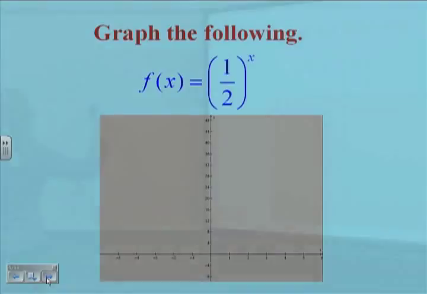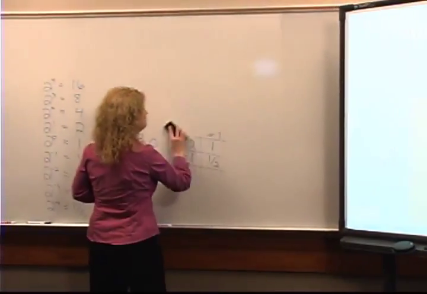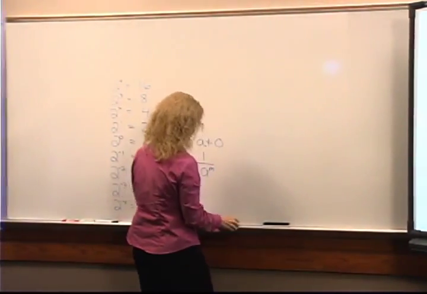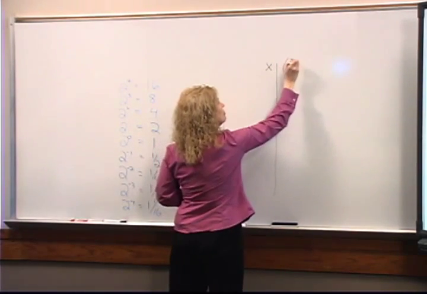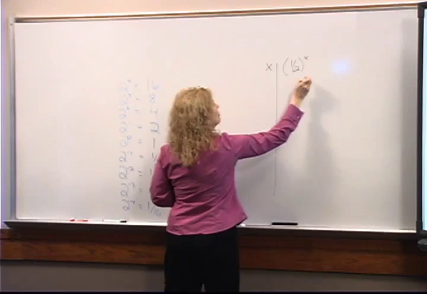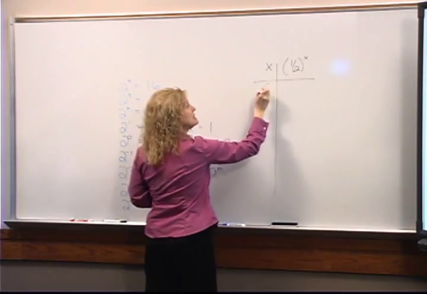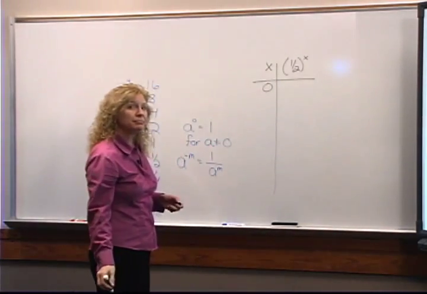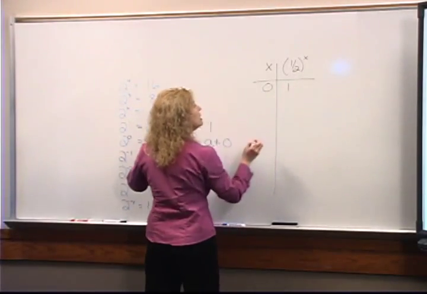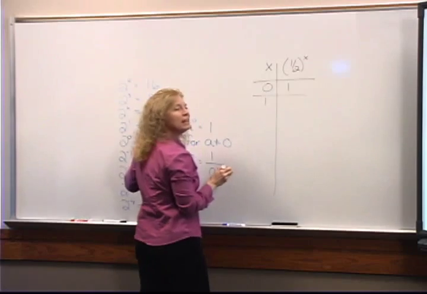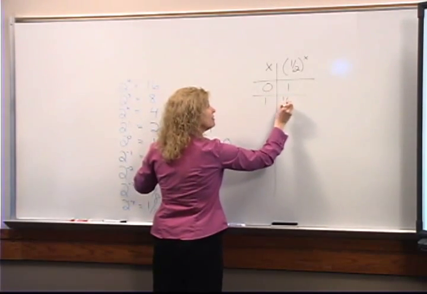Well, let's think about making a table on this guy. If x is 0, what do we get? By our definition, we get 1. If x is 1, we get 1/2.